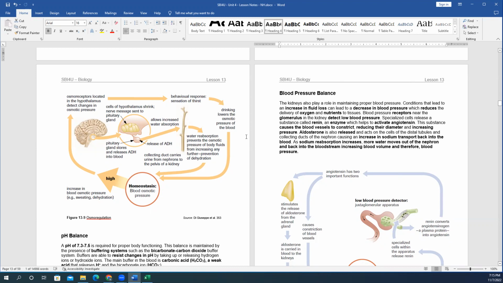That drinking will have the result of lowering the osmotic pressure of the blood, which, together with the water that gets reabsorbed, will then signal that the blood osmotic pressure has returned back to normal.